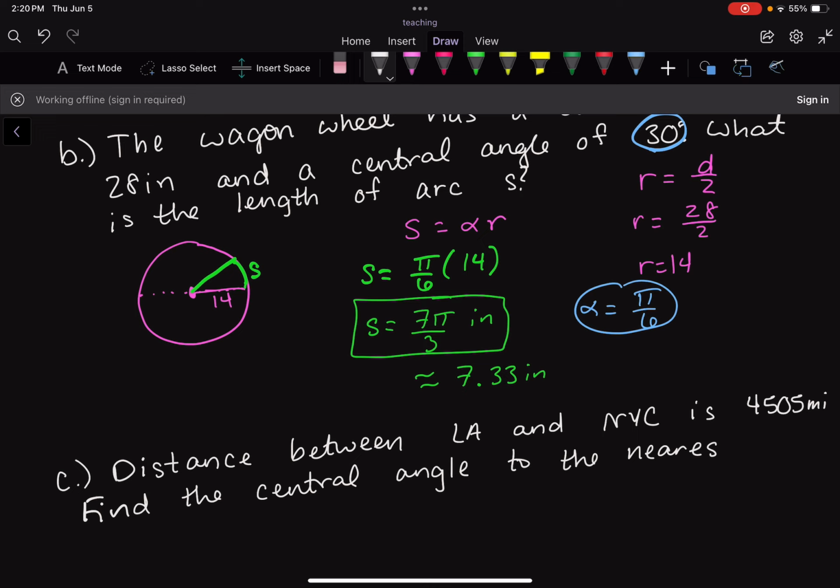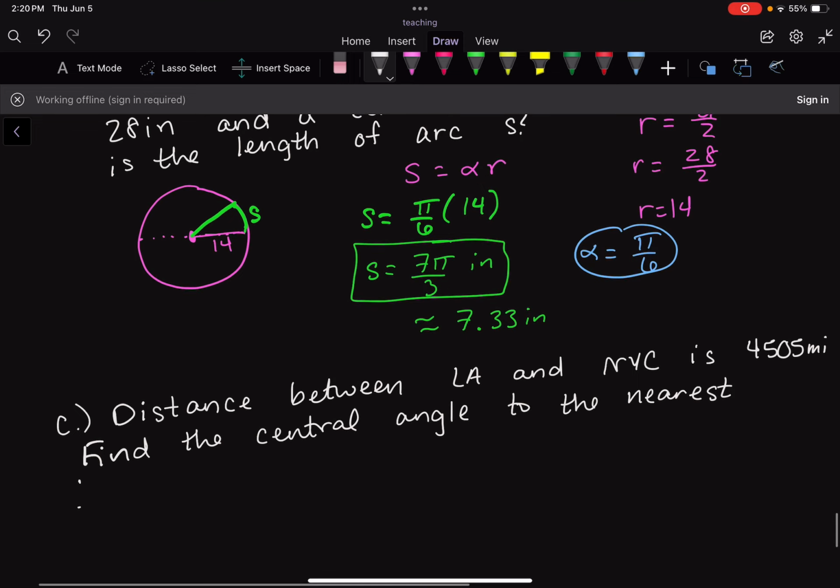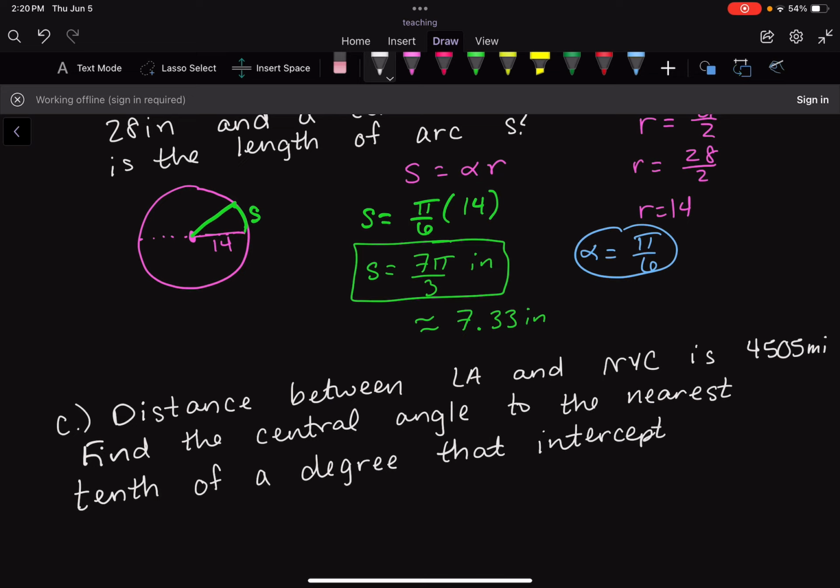So this one, it's telling us that it does want us to round of a degree. That's also important. We want it in degrees. That intercepts an arc of 4,505 miles on the surface of Earth.